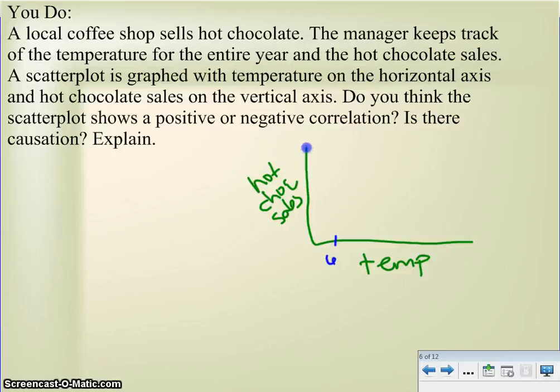So let's go ahead and just put in some general numbers and let's think this through. If you were to think about it, if the temperature is colder or lower, am I going to sell more or less hot chocolate? And logically, I would say that when the temperature is colder, more people want to drink those hot drinks.